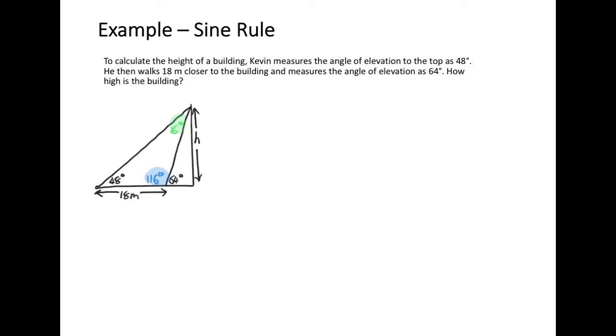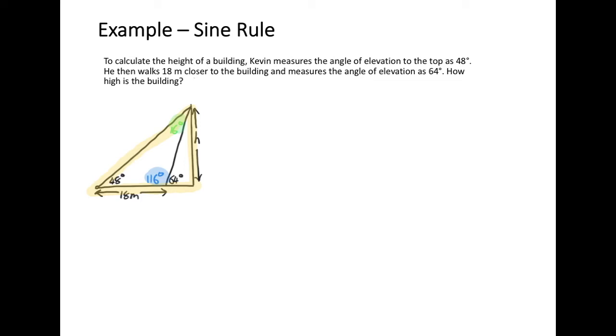So to work out the height of the building, what I need to be able to do is use trigonometry to be able to work out the height based on the triangle. And you can see here that we've got a large triangle around the side, which is a right angle triangle that I can use to find the height.